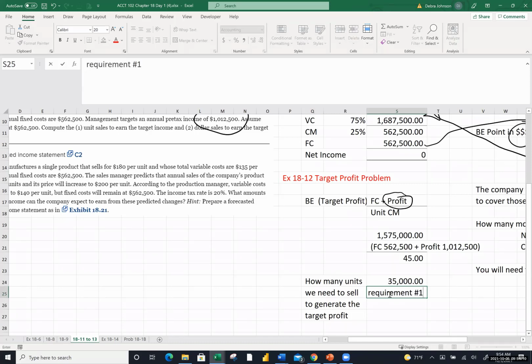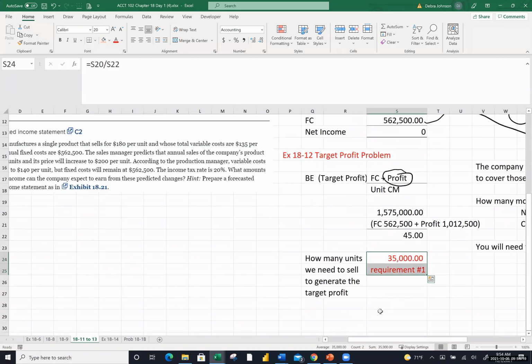I'll put that in red so it stands out. And what goes right behind that, requirement 2 says, well, what about sales dollars? Okay, so there's two ways. There's the easy, what I call quick and dirty way, which is typically what I tend to do, or we could use that other formula.